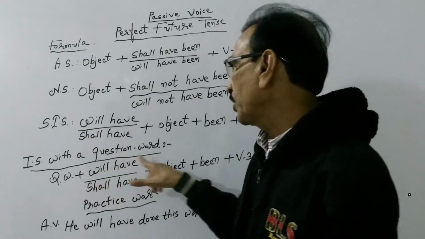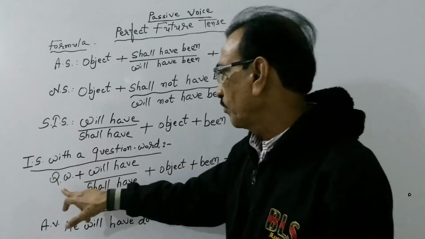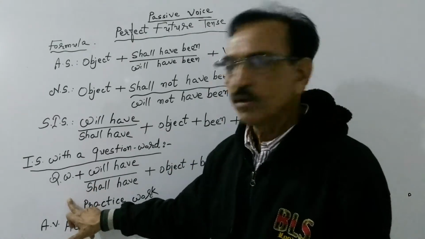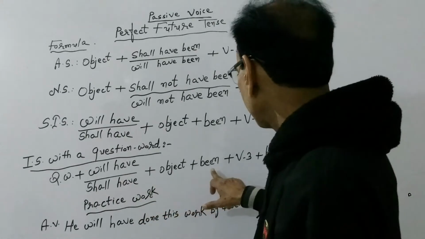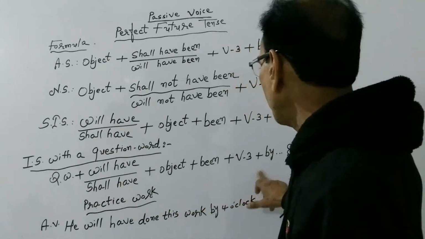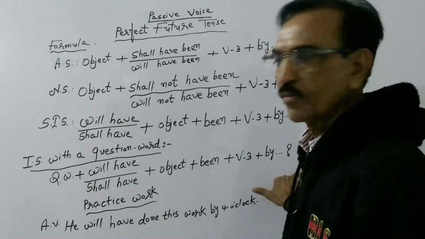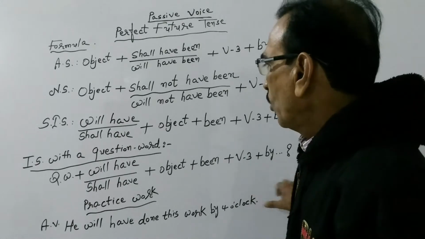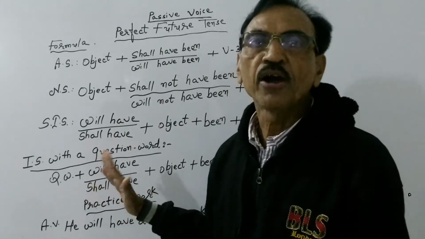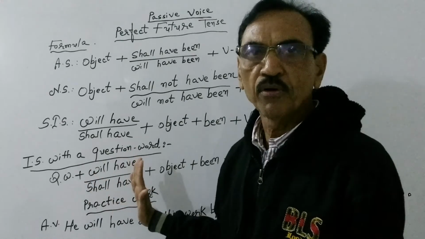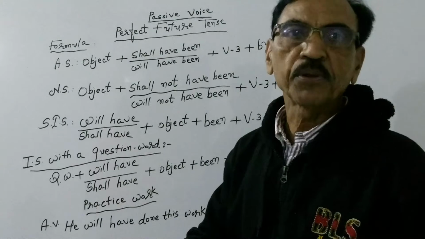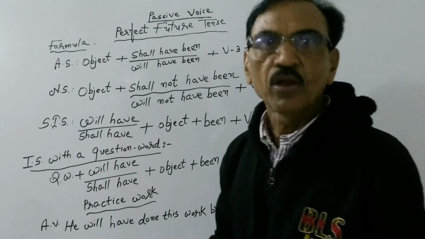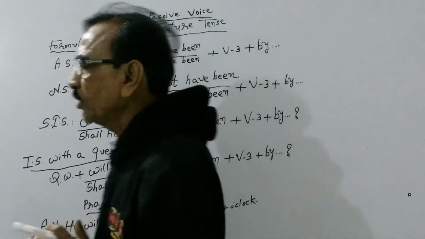Now, interrogative sentence with a question word. So, in the beginning we write question word plus shall have, will have, plus object, plus been, plus V3, plus by, plus question mark. Who will have drawn this picture by the time the principal comes?